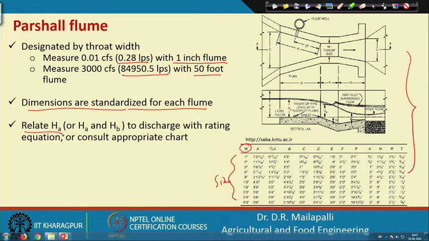It relates HA, or HA and HB if it is submerged, to the discharge. HA is the head at the head end, whereas HB is the head at the downstream end. There are discharge rate equations, or you can consult an appropriate chart, to get the discharge corresponding to HA and HB.